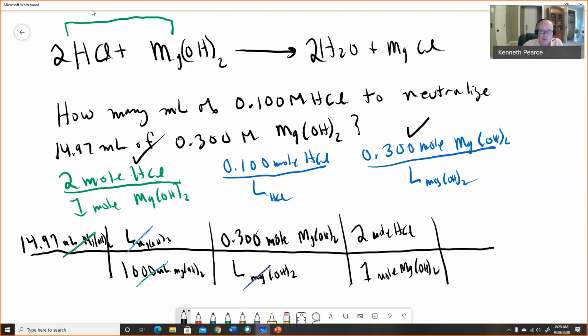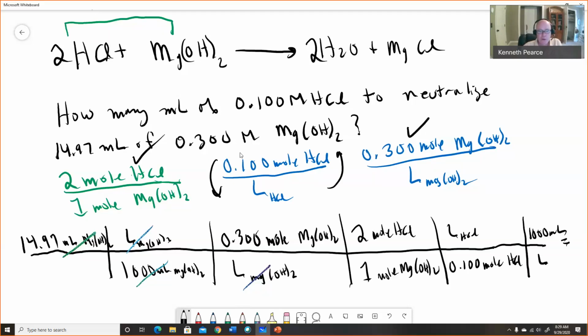We're going to have to flip it over, and then we'll convert the liters into milliliters. That is liters of hydrochloric acid solution for every 0.100 mole hydrochloric acid. And if we stop there, we'll have liters. Well, let's go ahead and convert it to milliliters for every liter, and we're done. All that's left to do now is to put this into our calculator, and we will have our answer.